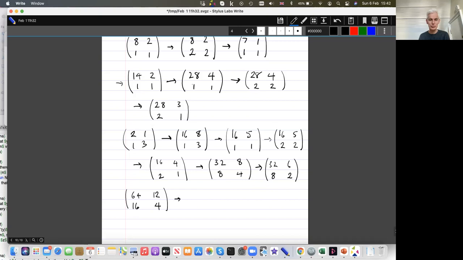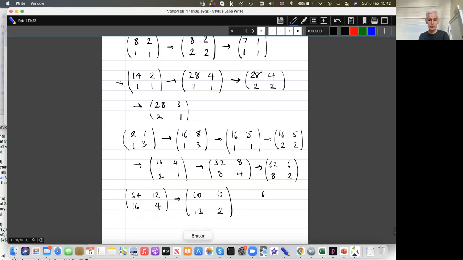Let's just have a go. So 12, 4 becomes 10, 2. And 64, 16, if I were to subtract 4, I'd get 60, 12, which is not a, oh, it is a ratio of 5, 60, 12.